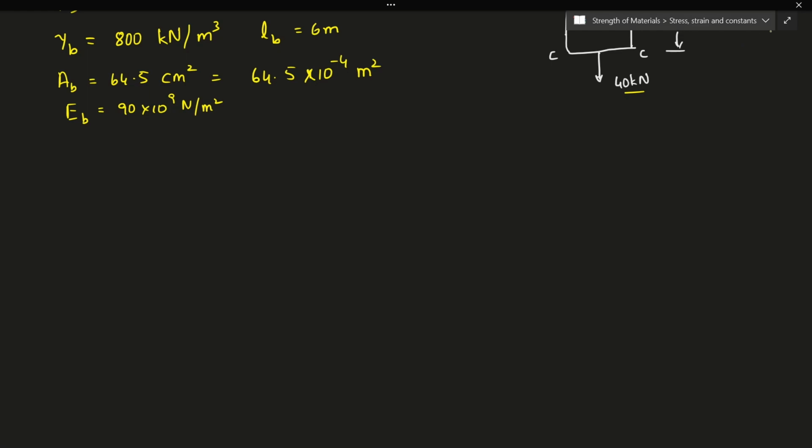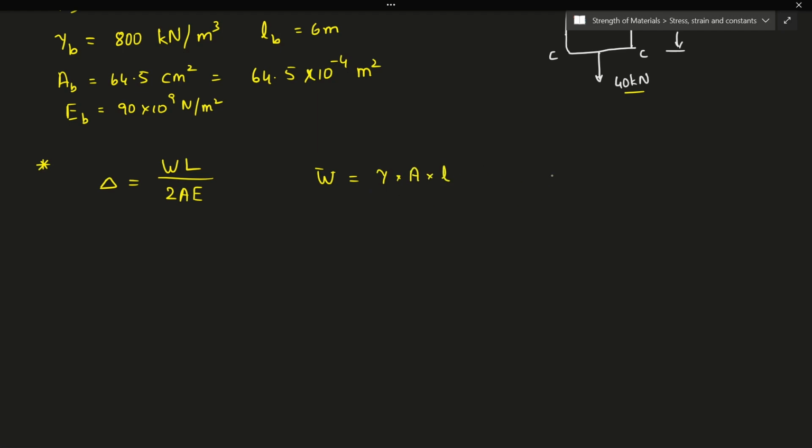Now before getting into this, let me write down some formulas for this. Free extension of a particular prismatic bar. So what is that given by? The delta of a prismatic bar is given by the weight of the bar into L divided by 2 into AE, right? So what is this W? The weight is given by the unit weight into area into the length.